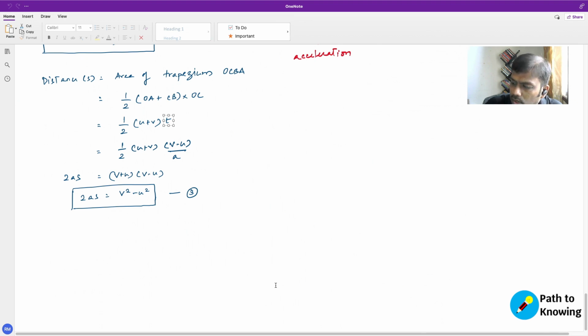So we will consider one variation here of an object that takes a circular path, and the speed of that is constant, right?